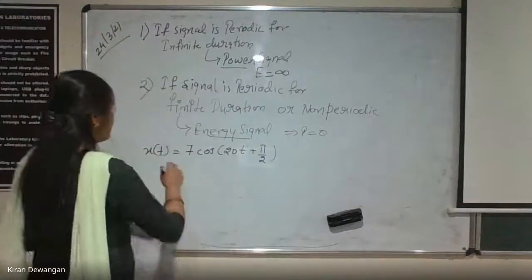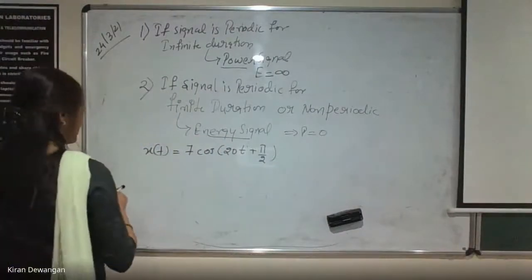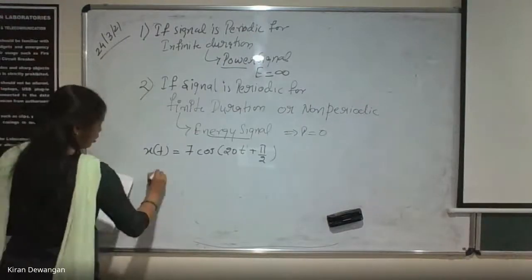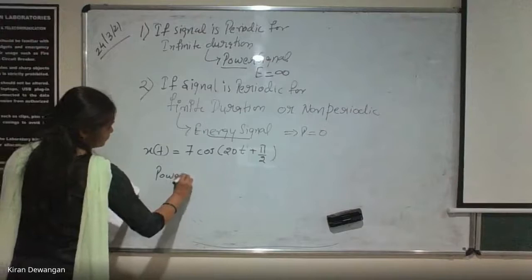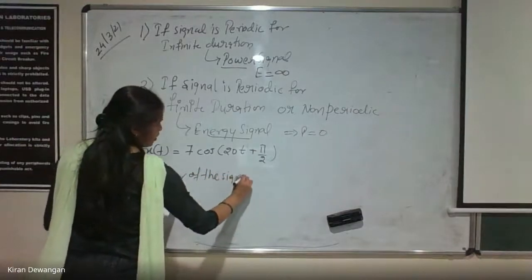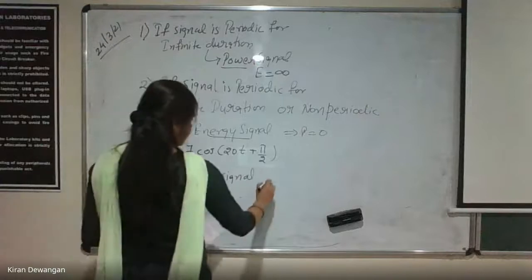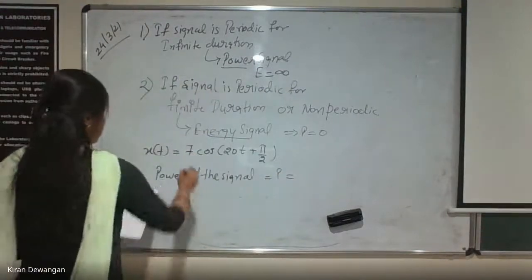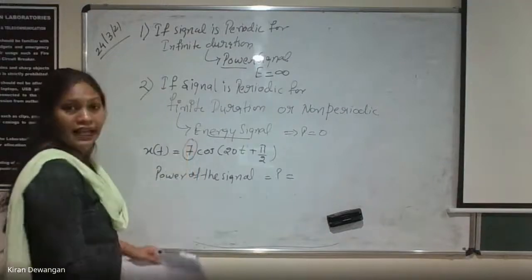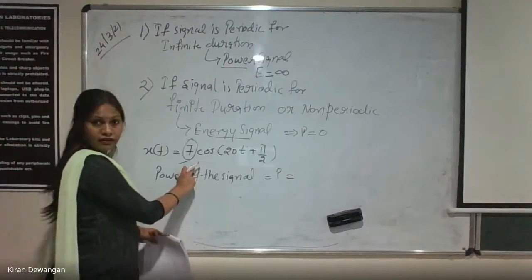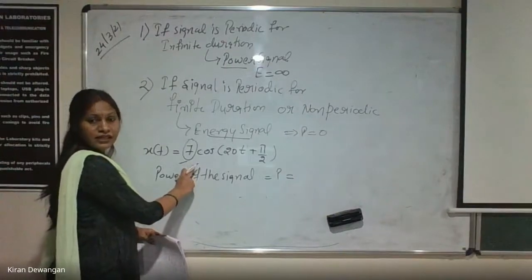If we have to calculate the power, or the normalized power, whatever we can call the power of the signal, P equals A square by 2. What is A here? A is 7.